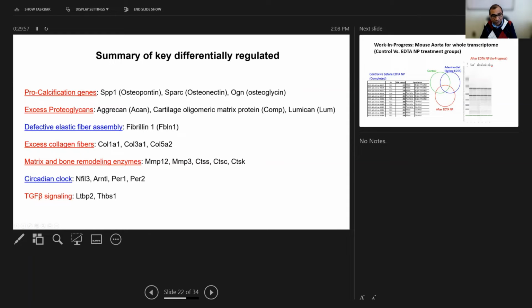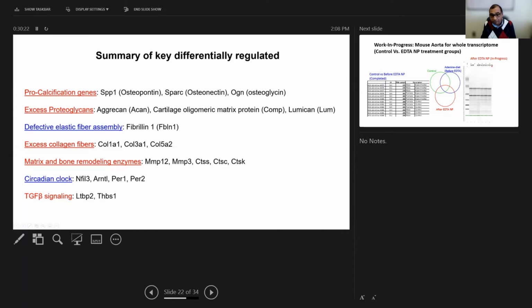And of course, as I mentioned, we are seeing a very systematic program that is being activated, basically derepressed. So here, for example, NFIL3, ARNTL-like. These are aryl hydrocarbon receptor nuclear translocator-like genes. These are transcription factors which are master regulators for the genes that are regulated by the circadian clock.